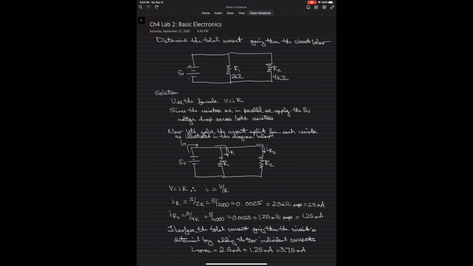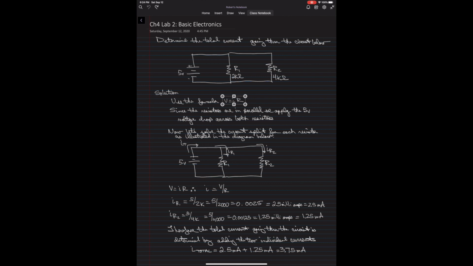So in a circuit that is in parallel, the voltage across this point is the same as the voltage over here. This resistor has a 5-volt voltage drop, and this resistor also has a 5-volt voltage drop. And so that's why I can use the formula V is equal to IR and solve for the current.